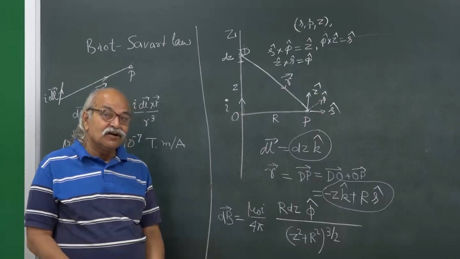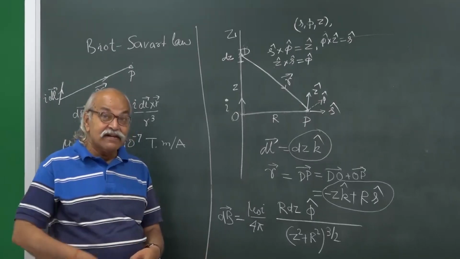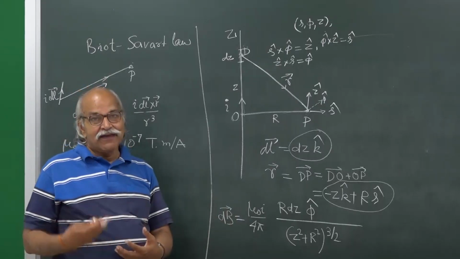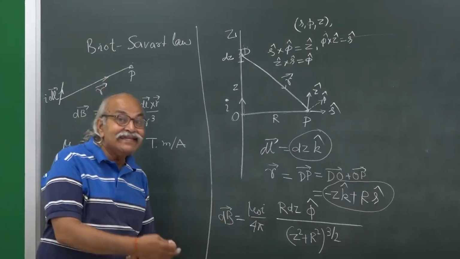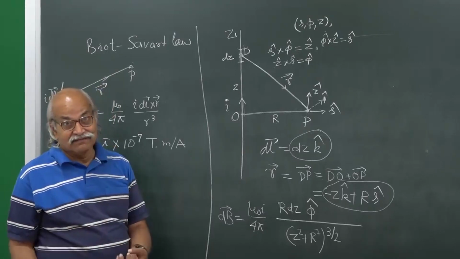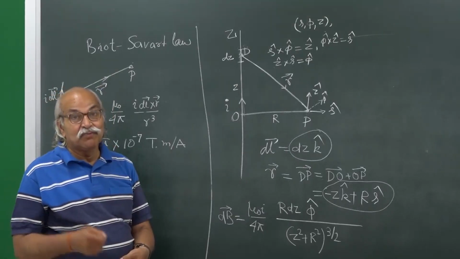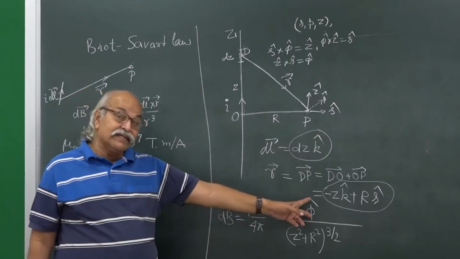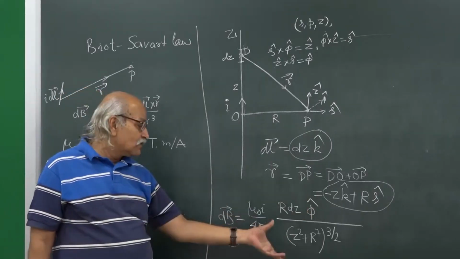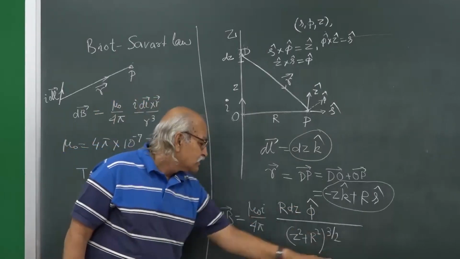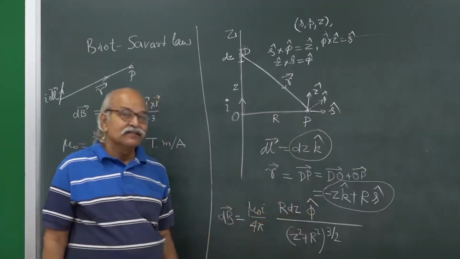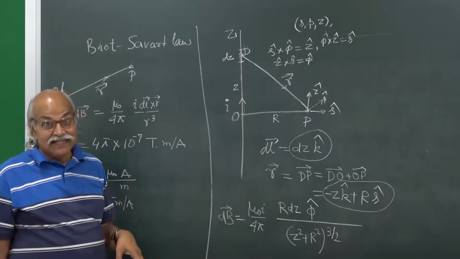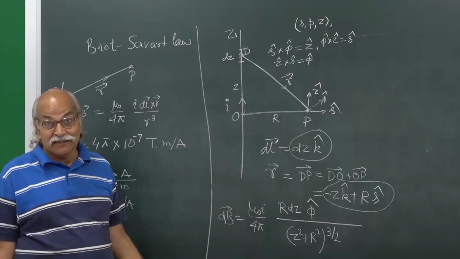But in cylindrical coordinates, k cap is fine, but s cap and phi cap can change their directions depending on which point you are working at. And if this vector can change its direction, then you cannot take phi cap out of the integration sign.